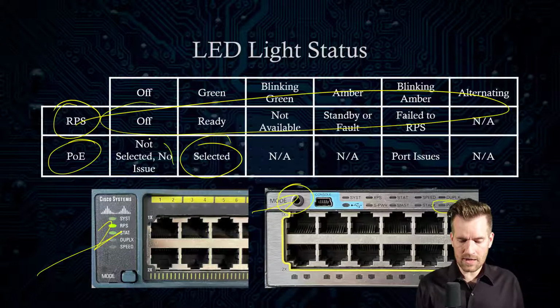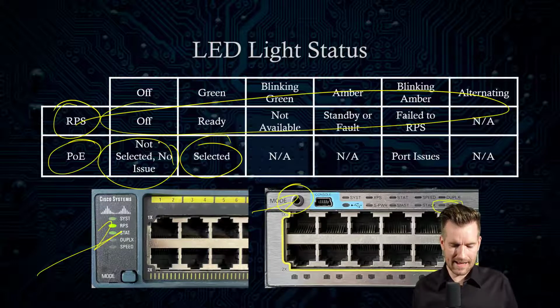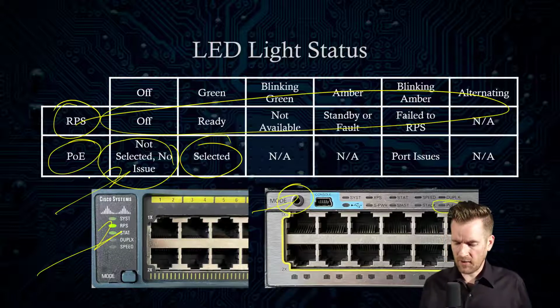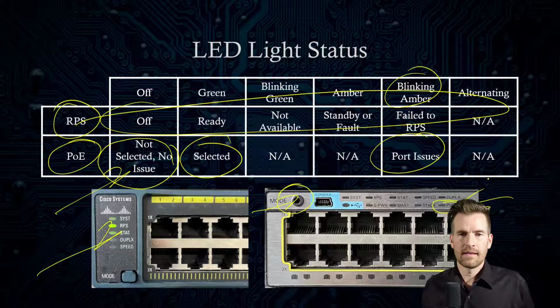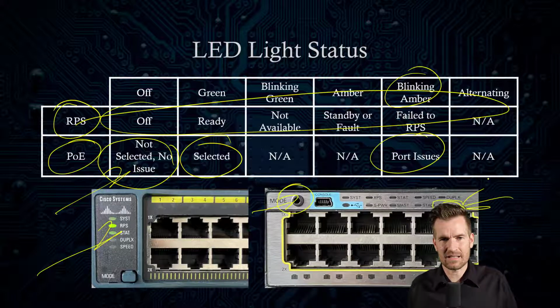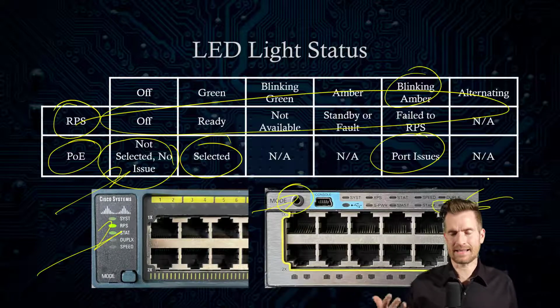But when we do not have it selected, it tells us some additional information. When it's not selected and it's off, it just means that there's no issues. But if it is blinking amber, that means that there is some sort of port issue that you probably need to get in and explore. So the PoE will give you some additional information when it's not selected.